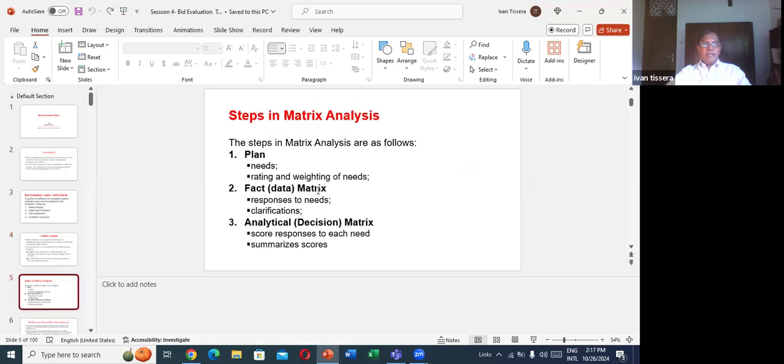So on the matrix analysis, they say the steps, number one, plan your procurement evaluation. What are the needs? What are the ratings and weightings of needs based on the criticality of each? For example, price is always a matter.